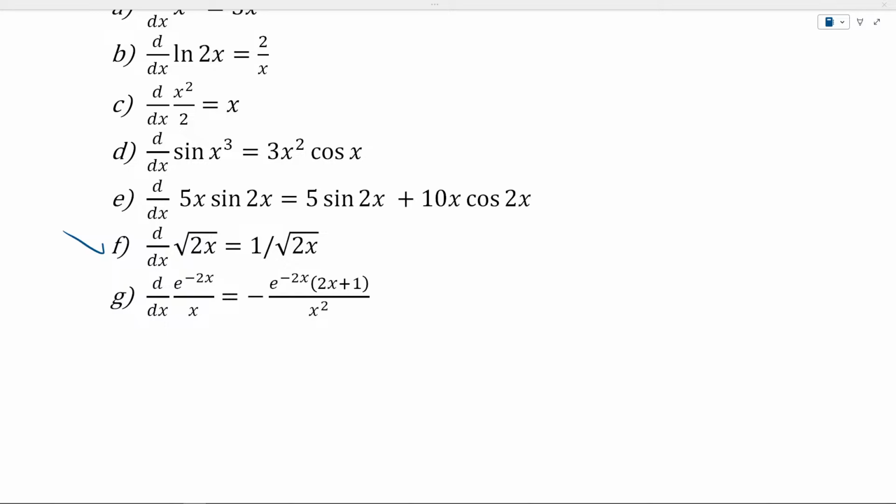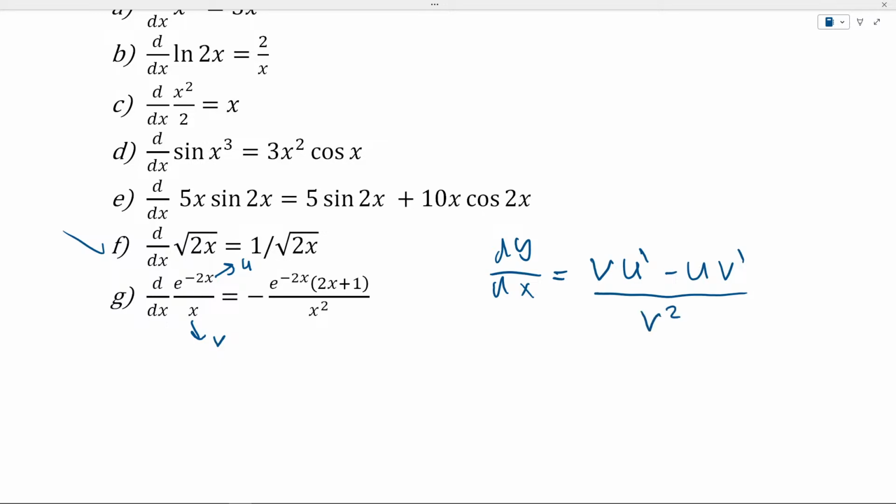So you can say that this is u and this is v. Then dy with respect to dx is equal to v u prime minus u v prime over v squared. So this is u, this is v.